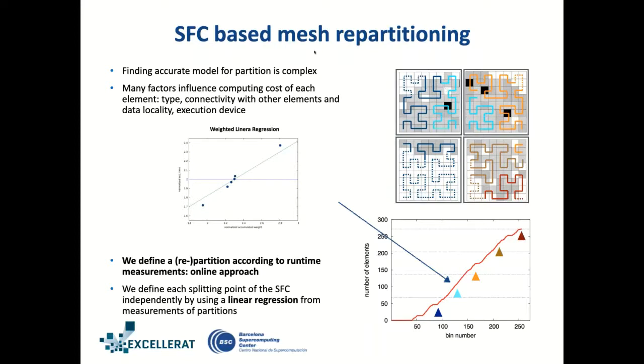And then what we do is, for each splitting point, we take into account all the measurements that have been done for that splitting point, and we do a linear regression. The movement of the splitting point is as complex as the partitioning problem, but if we do different movements and take different measurements, with a linear regression, we get a better robustness of the balancing process.